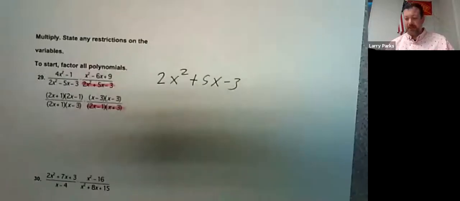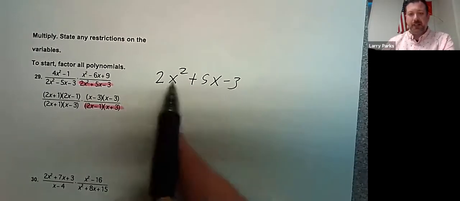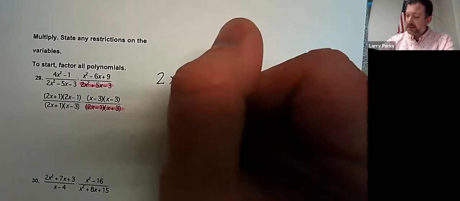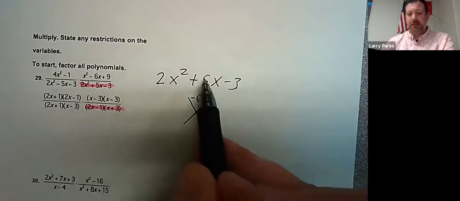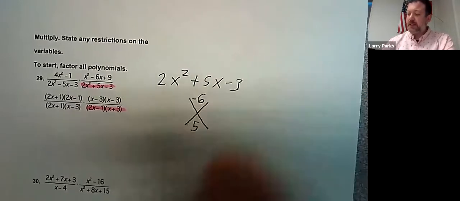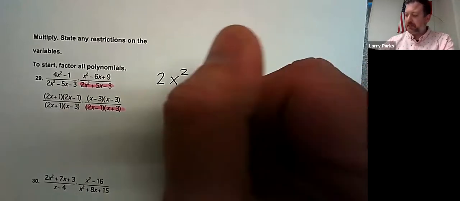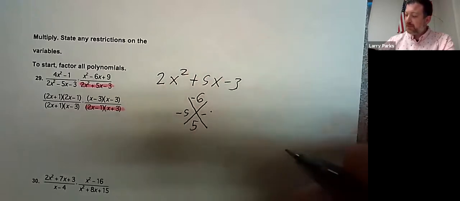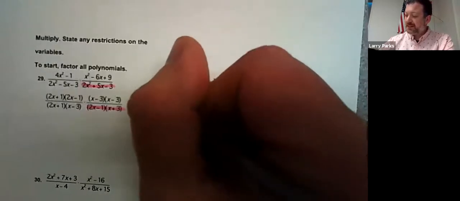No GCF, you take 2 times -3. That's -6. Bring down the 5. What multiplies to -6 but adds to 5? That'd be -5 and -1. No. Close. 6 and -1.